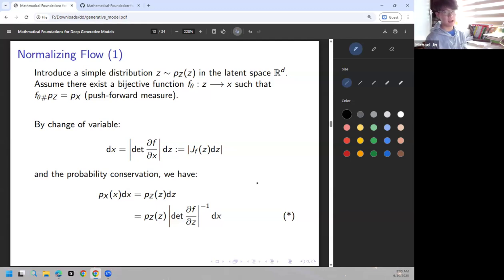Because P of x is the probability density value and the dx is the little region we're finding the probability over. And the other side should be P_z of z times dz, right? And we know P_z of z times dz, we have dz is dx over the Jacobian determinant by the change of variable. So we can get this formula.